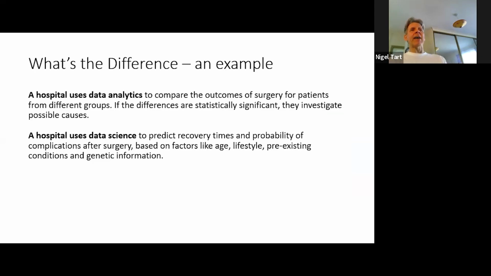They might compare the outcomes of surgery. So men and women, if there was a different survival rate for an operation, if the differences are statistically significant. So again, we're bringing in some statistics at the end for a reality check. If there's a significant difference, they investigate possible causes. So why are all the men dying, or whatever it is? Is there a medical reason?